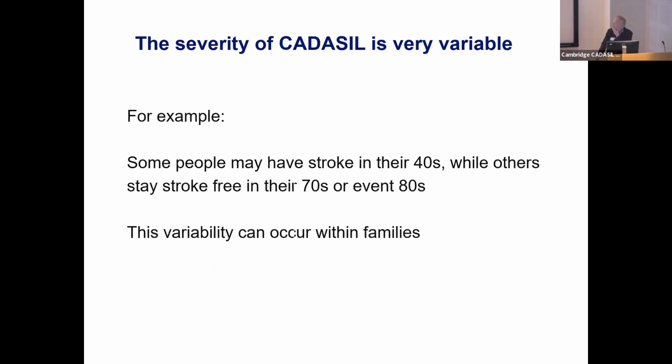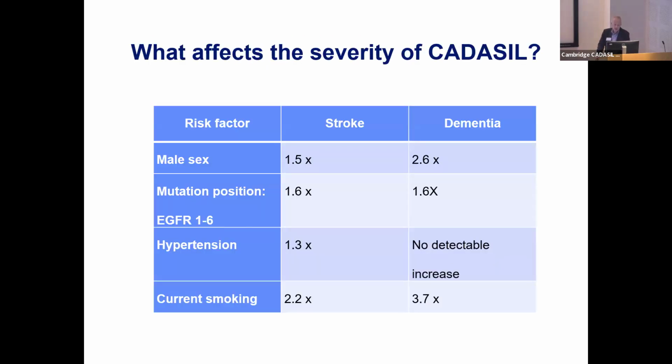So just to point out, and we've talked a little bit about prognosis, but CADASIL is very variable. So increasingly, we're seeing some people have stroke earlier, but some people who are very well into their 70s or 80s without a stroke. And this variability can occur within families and certainly between families. Why is there this variability? I've just summarized a few things here. We've talked about smoking.